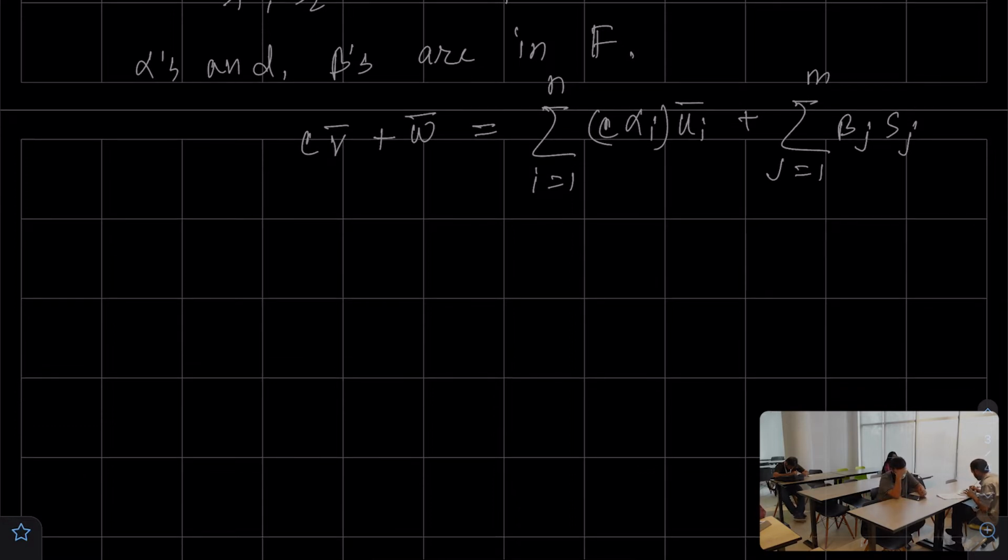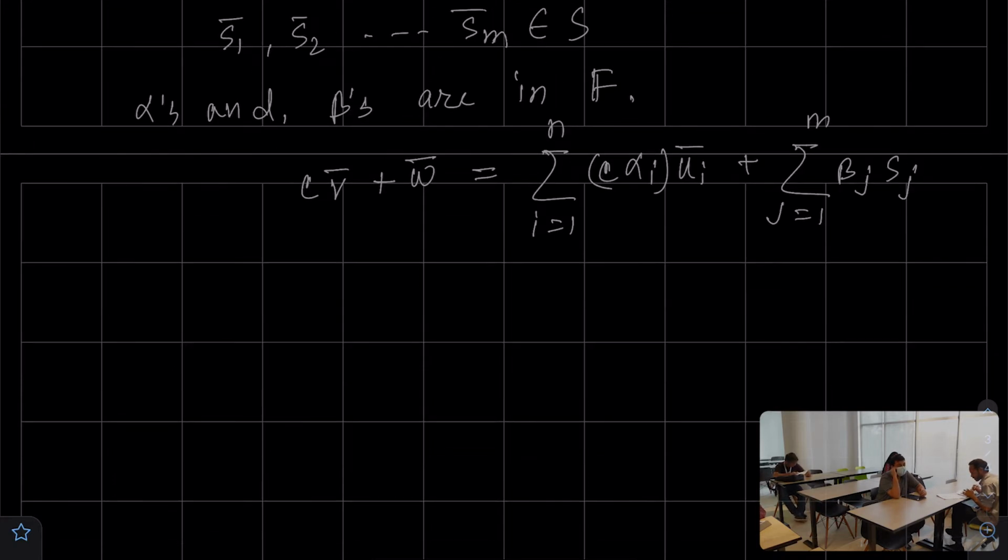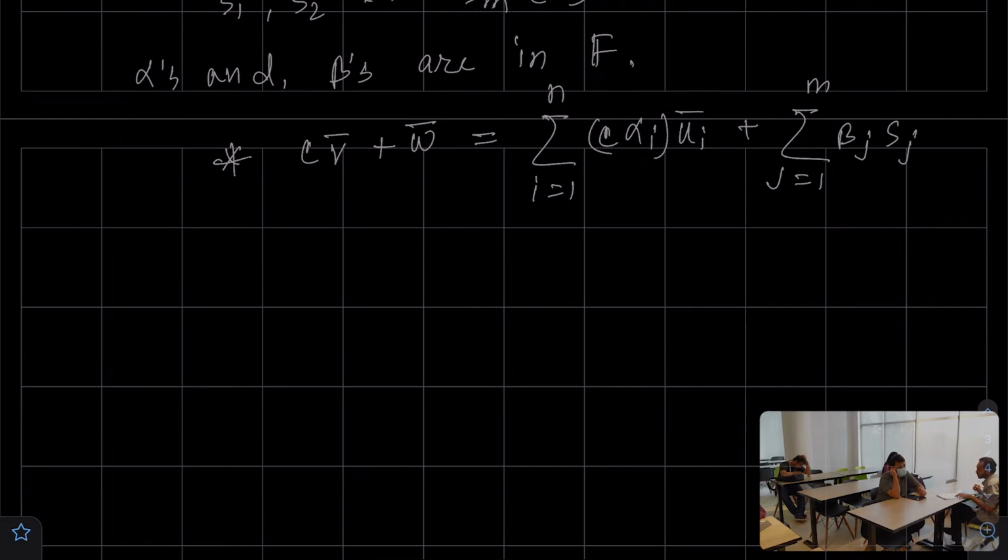So from this equation, what we are getting is that this belongs to L, right?